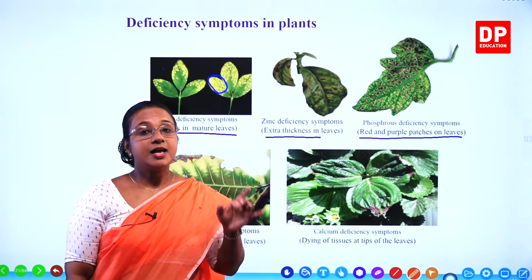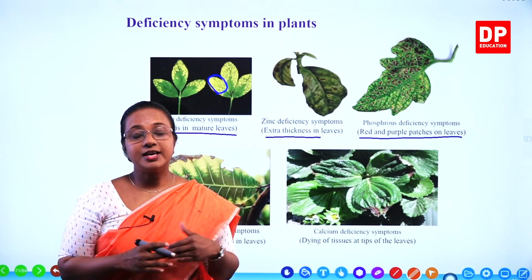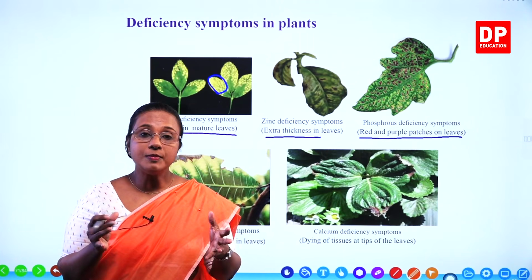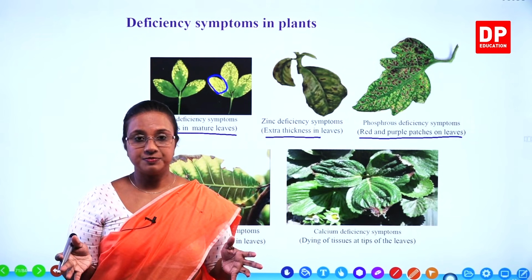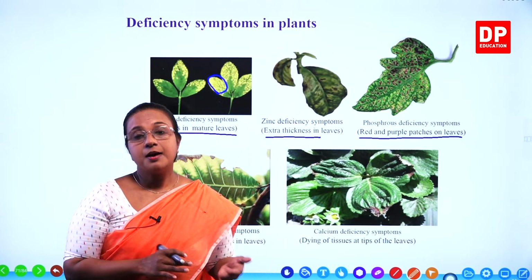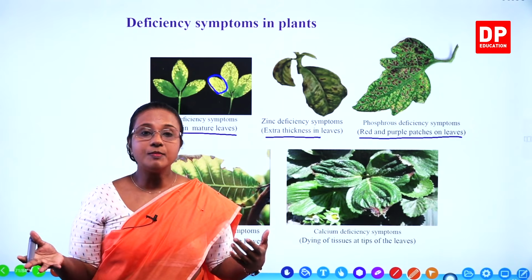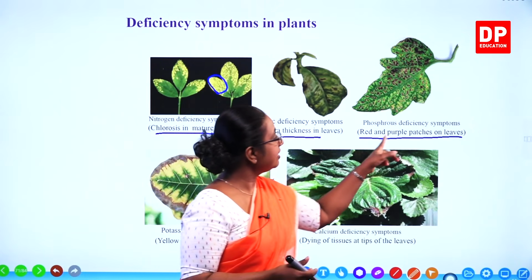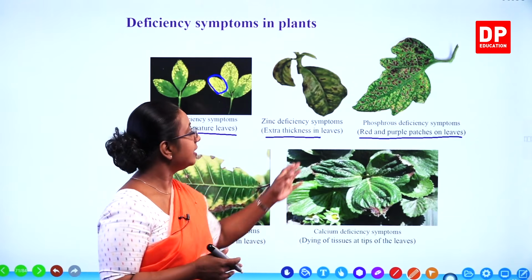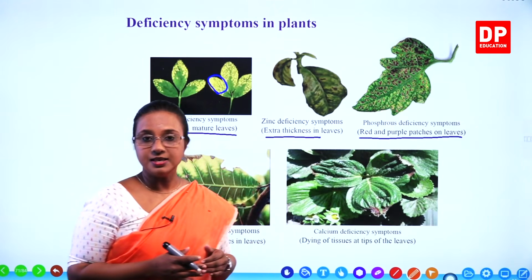Remember, students, there are some plants, for example, croton, which has a normal mosaic leaf. That is the nature of that plant, croton. But if it is a normal leaf which has red and purple patches on it, then that means it's a phosphorus deficiency symptom.